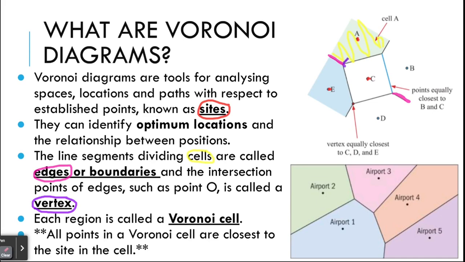So at this point here, we have the vertex that is intersecting the edge AE, the edge AC, and the edge EC. So these are the 4 important words that we need to know when we're dealing with our Voronoi diagrams. And we're going to be using these a lot.